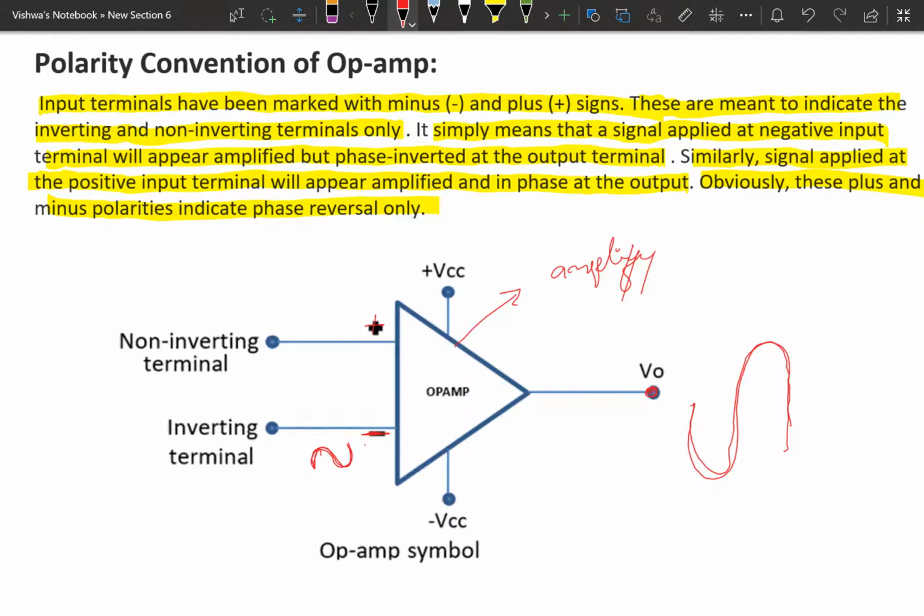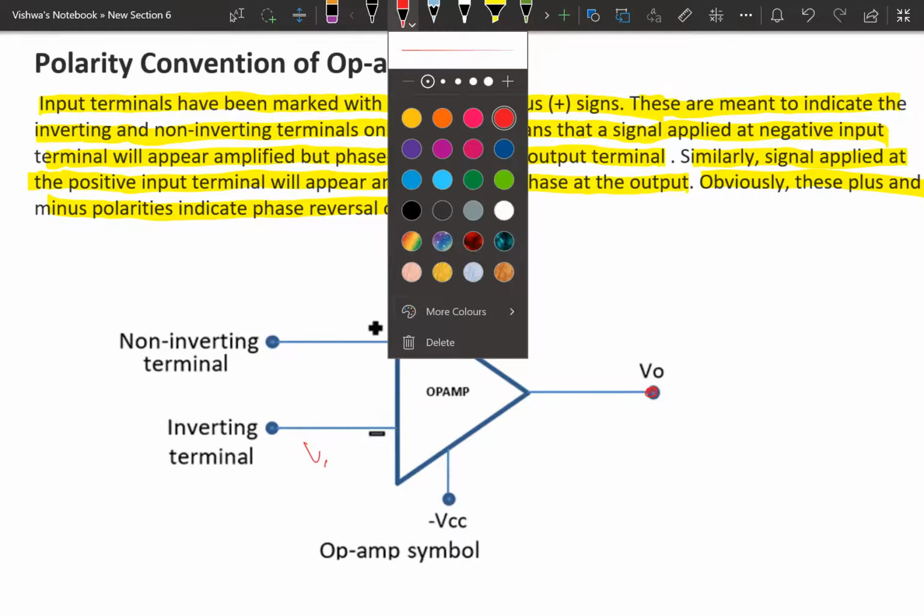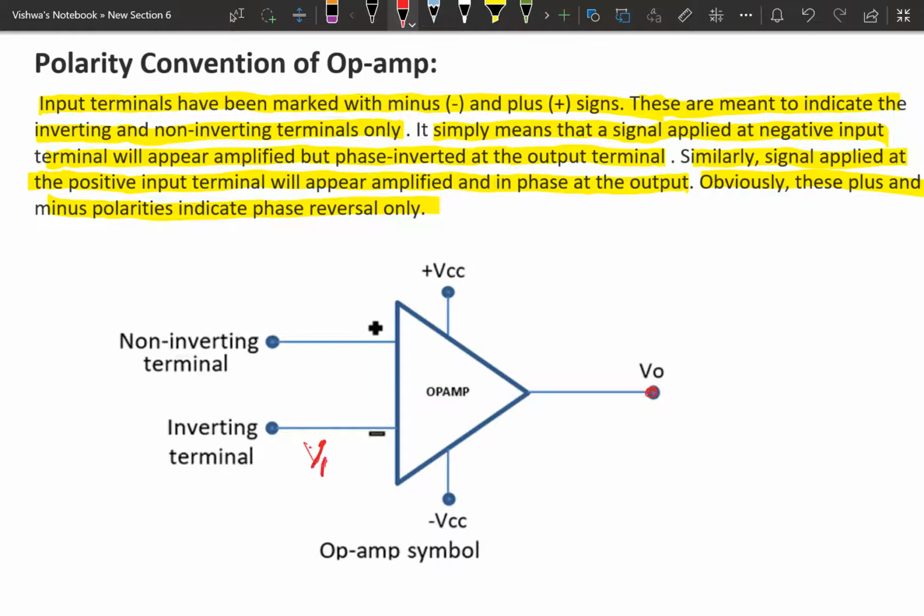So these are the polarity conventions, and sometimes we represent them by P1 and P2. P1 and P2 indicate the input signal at terminal 1 and 2, and there is no necessary condition that V1 should be a negative voltage and V2 a positive voltage.